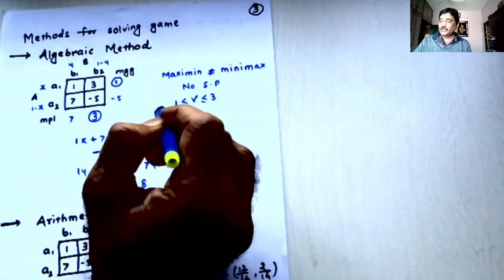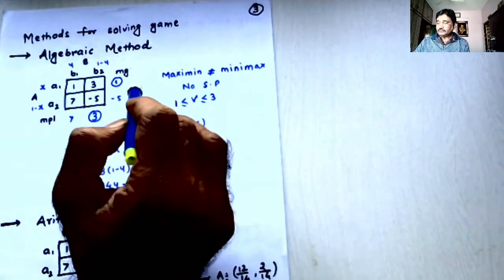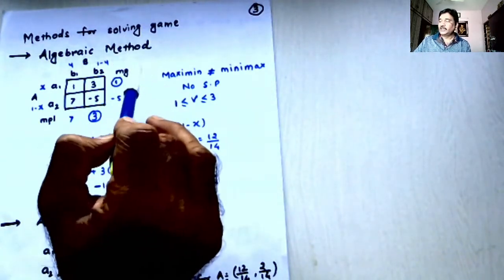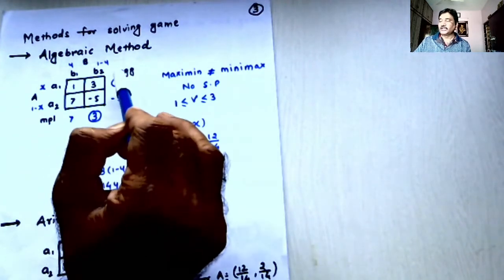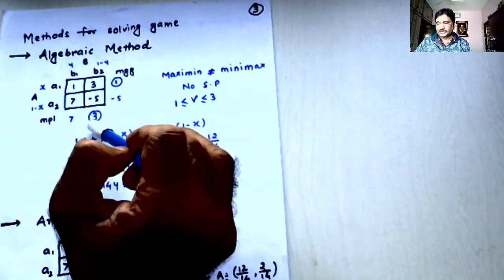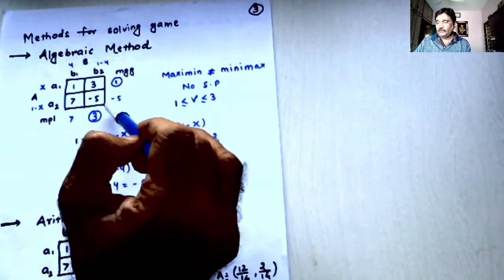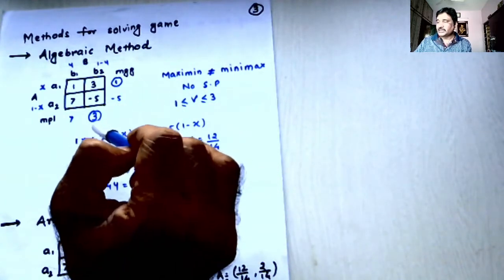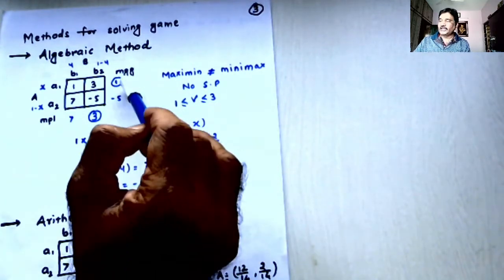But one thing is very clear here, that the game value will be lying between 1 and 3. This is the lower bound of the game value, and this is the upper bound. You will always see in any game that minimax is greater than or equal to maximin.